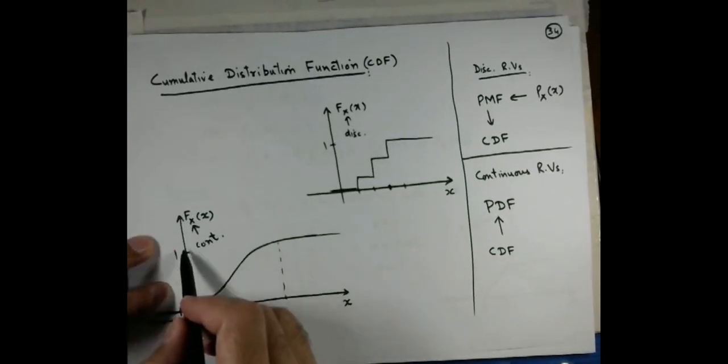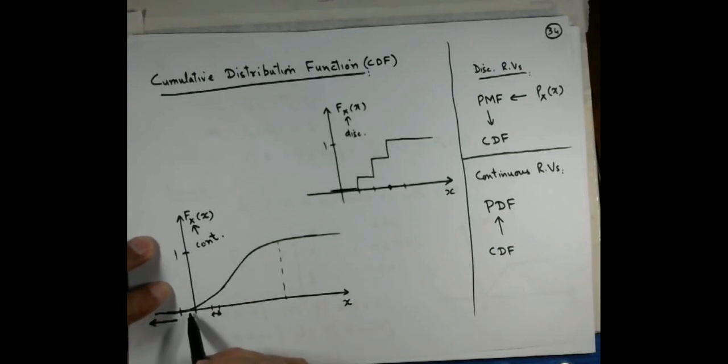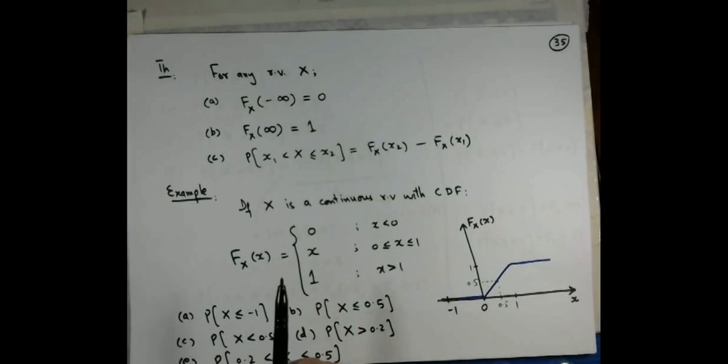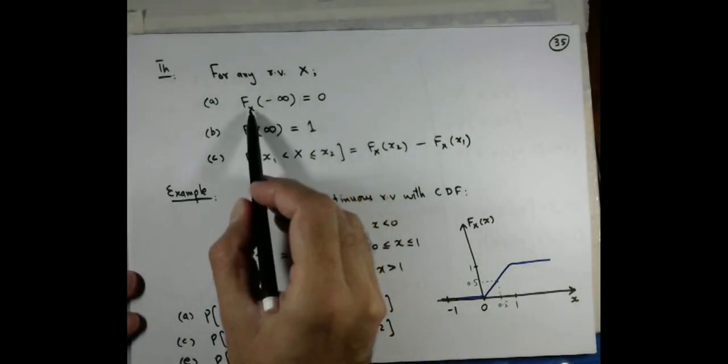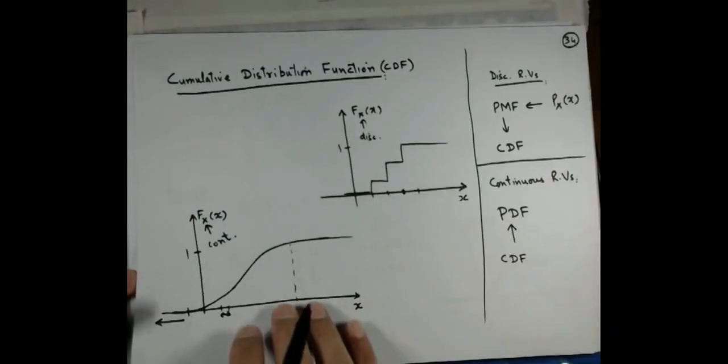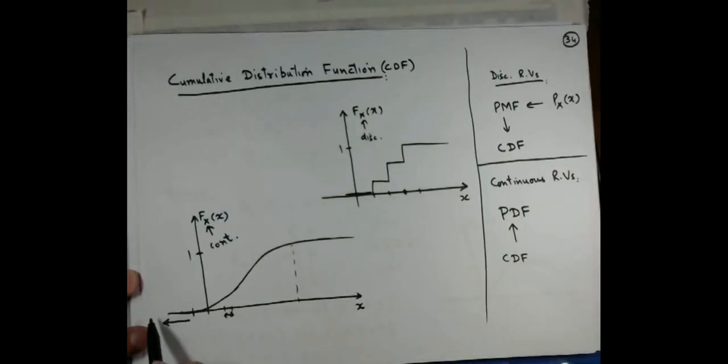Remember, this is the probability axis. The probabilities are being cumulatively added up in terms of the probabilities of intervals. Then we discussed an important theorem. The CDF at -infinity is always 0, because coming from -infinity onwards to the positive axis, you come across some interval with non-zero probability, and below that it is obviously 0.